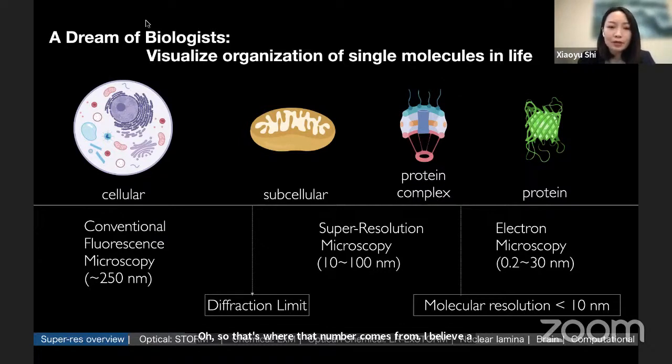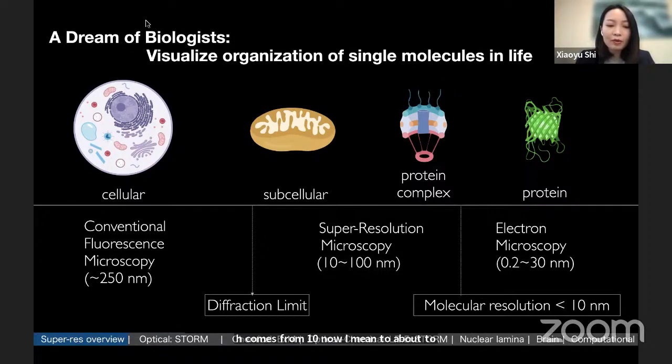And if you want to see more details in the cells, for example, how subcellular structures, such as organelles or protein complexes, are organized spatially, or track their life activity, the organelle-organelle interaction, or single molecule organelle interaction, then we go to the super resolution microscopy regime, which covers from 10 nanometers to about 100 nanometers.